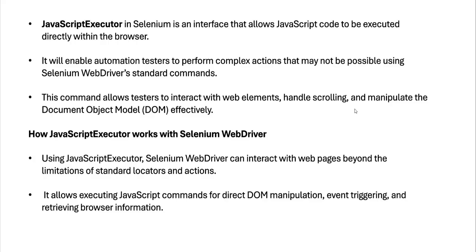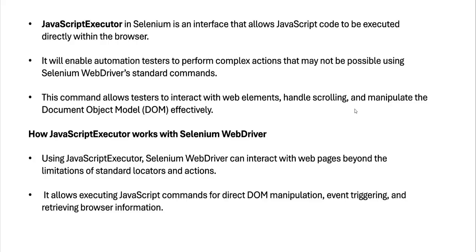That is the reason the JavaScript executor can be used. You can bypass the Selenium methods and directly execute your script in the browser. To understand how it works: in the first place, it can interact with web pages beyond the locator strategy. With Selenium there are restrictions, right? You can interact with elements using locators.